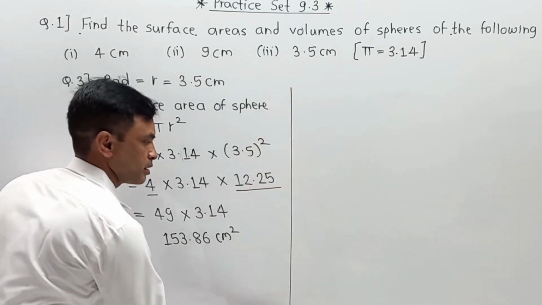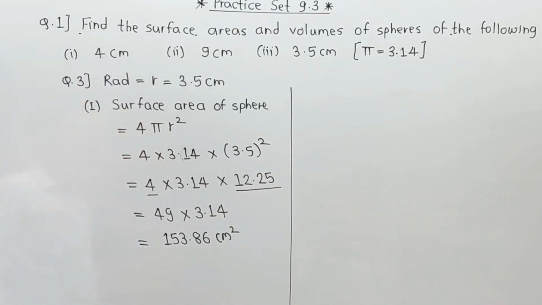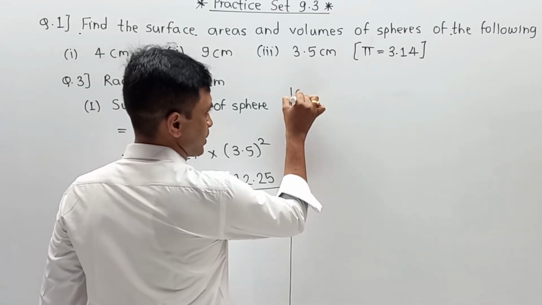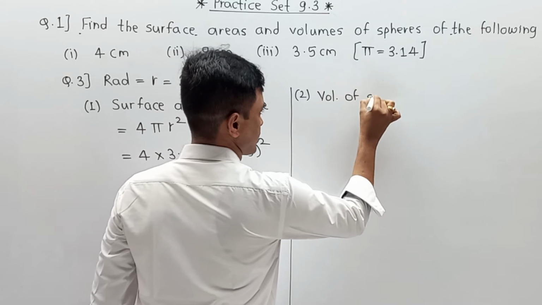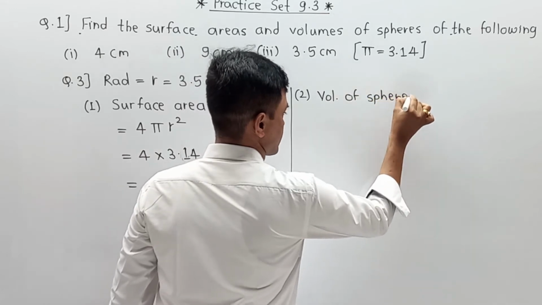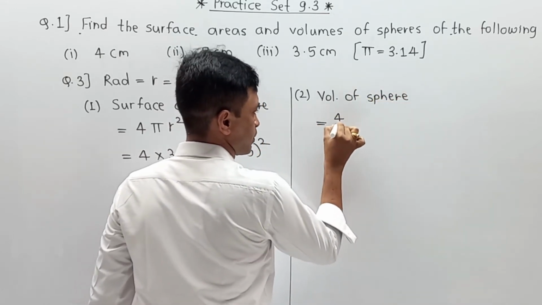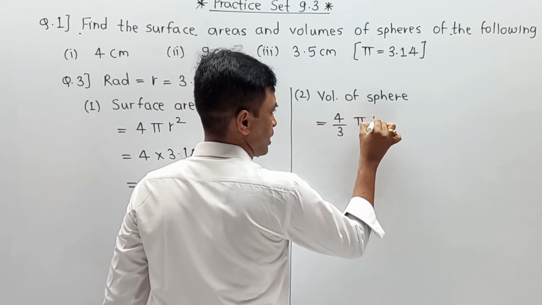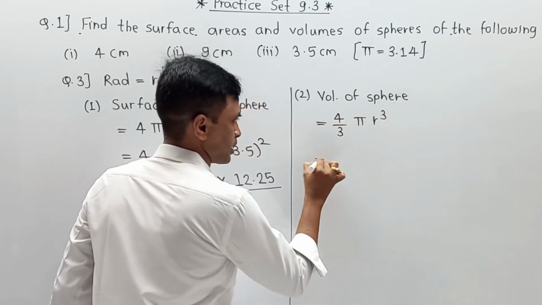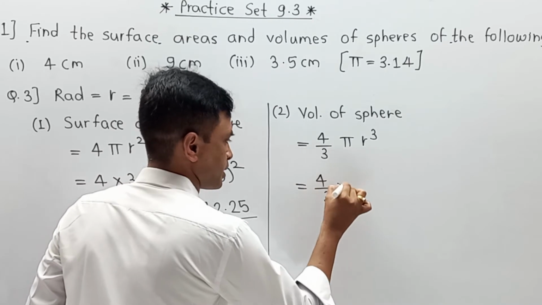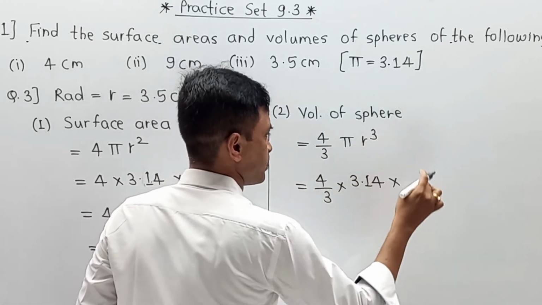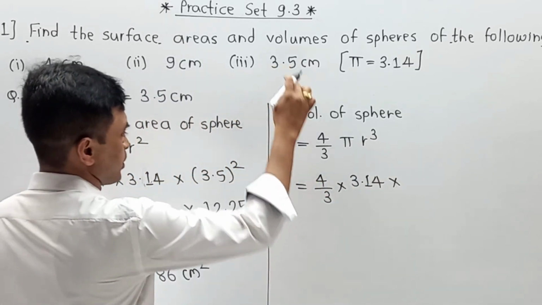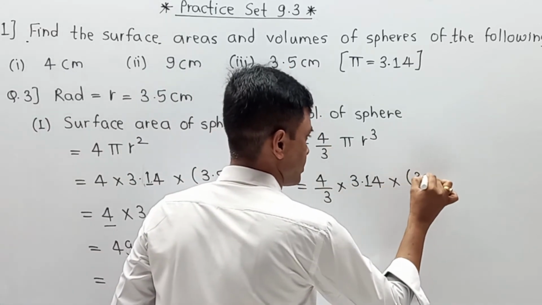Now similarly, we have to do the second calculation, and that is nothing but, after surface area, we have to calculate volume. So second part, volume of sphere, formula becomes 4 by 3 pi r cube. Simply it becomes 4 by 3 pi, 3.14, into r cube, meaning r is given as 3.5, so it becomes 3.5 bracket cube.